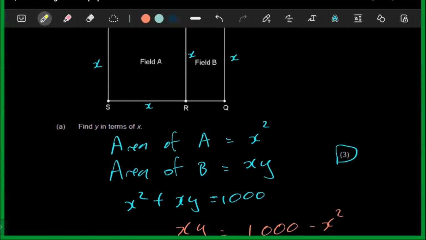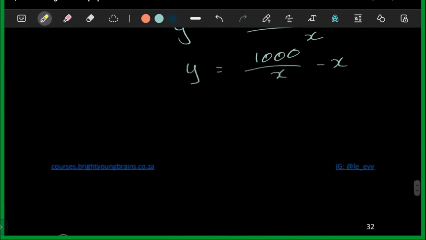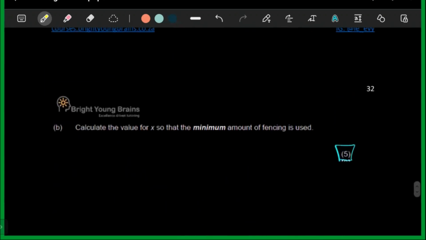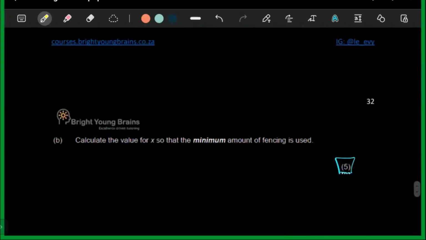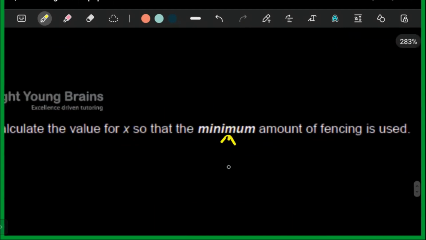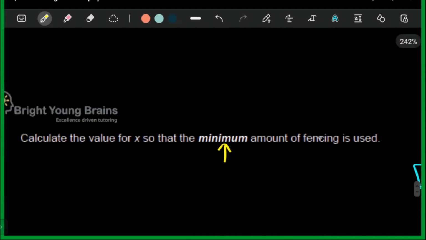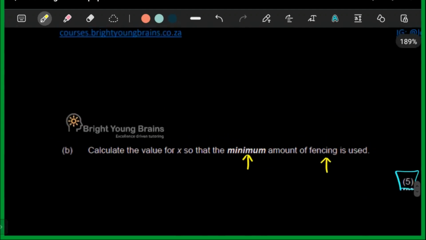Anyways, so if you're going to work out the value of x where the fencing is a minimum, what you need is, if you need the minimum of something, you need an equation of whatever they're talking about. So we need an equation for us to see how much fencing is needed. Once we have that equation, that will give us the fencing needed.